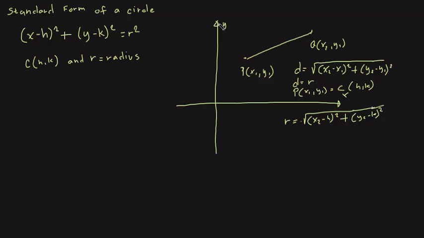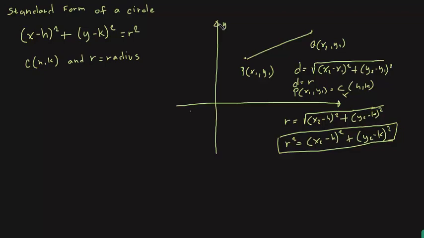By squaring both sides of the equation, we'll have r² = (x₂ - h)² + (y₂ - k)². This is almost similar to the standard form that we have.